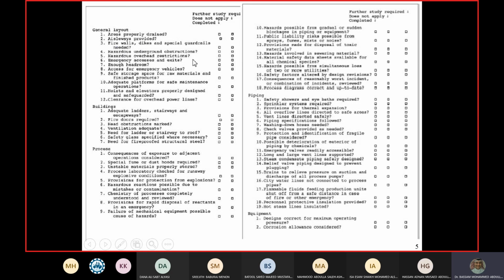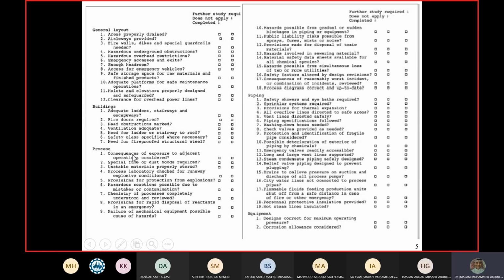Is there anything that is obstructing? For example, is there access for emergency vehicles? So he goes and makes sure that everything is okay. And then he goes to the buildings. Stairways are okay, escape ways, the fire doors. These are straightforward things.